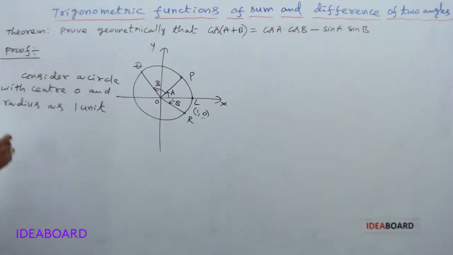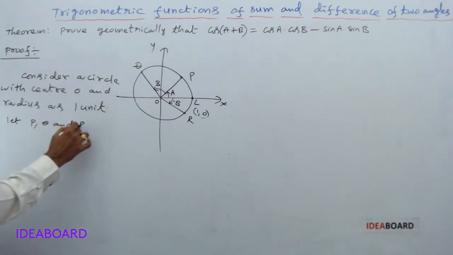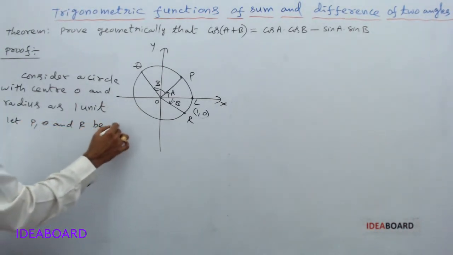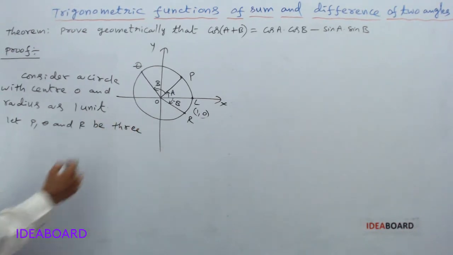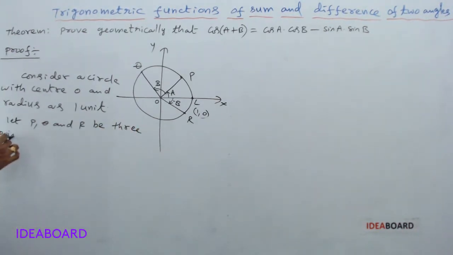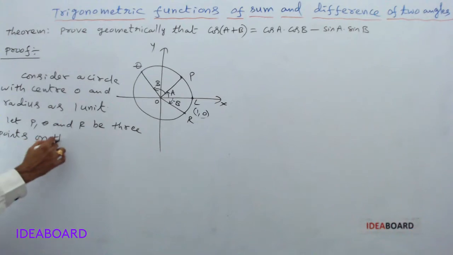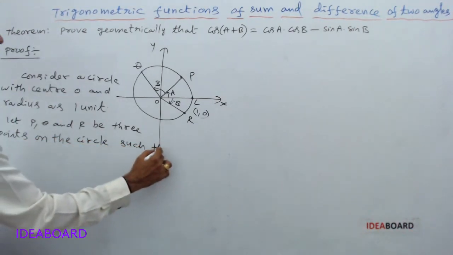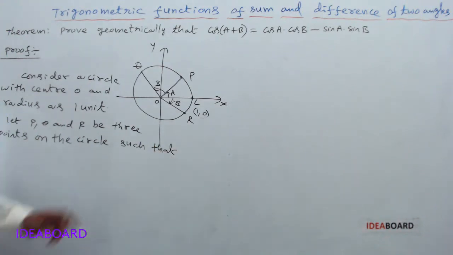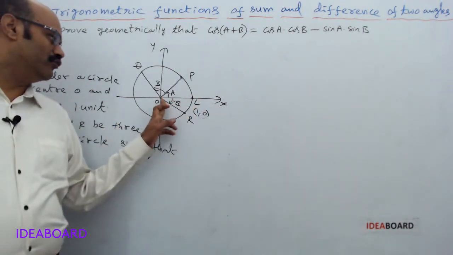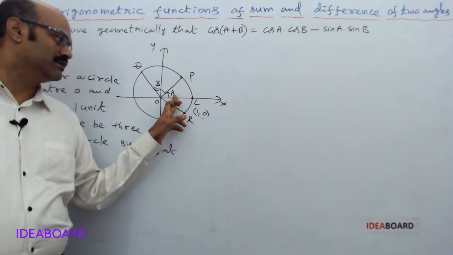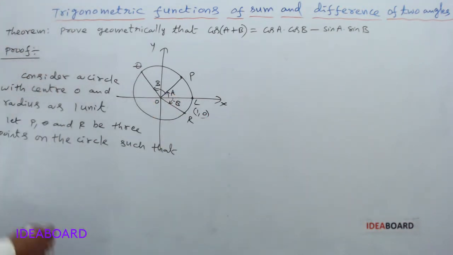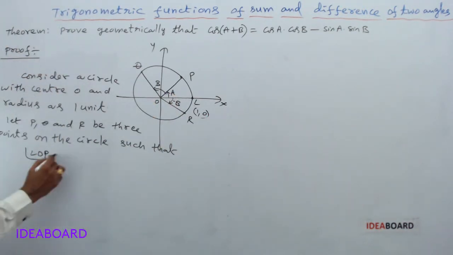Let P, Q and R be three points on the circle such that angle LOP equals A.